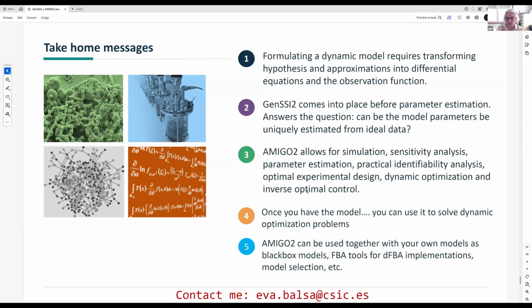Once you have the model working, you can also solve dynamic optimization problems, which can be multi-objective, because there are multi-objective solvers also available in the tool. And AMIGO2 can be used together with your own models, for example as a black box, so that there is the possibility of even incorporating your own parameter estimation function and exploiting all the additional capabilities in AMIGO.